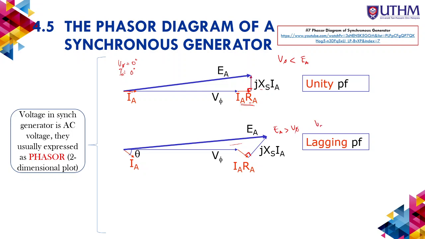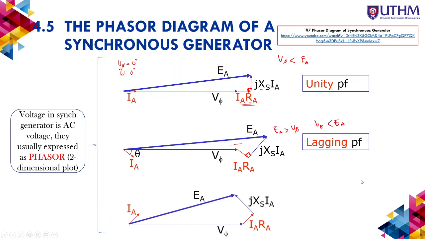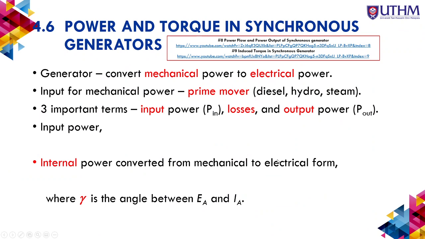Okay, so V phase is less than the EA. Okay, so then what happens when the power factor is leading? So when the power factor is leading, we can see over here the V phase is more than the EA. Okay, so I really hope that everybody knows how to draw this for each power factor. Okay, so any question?